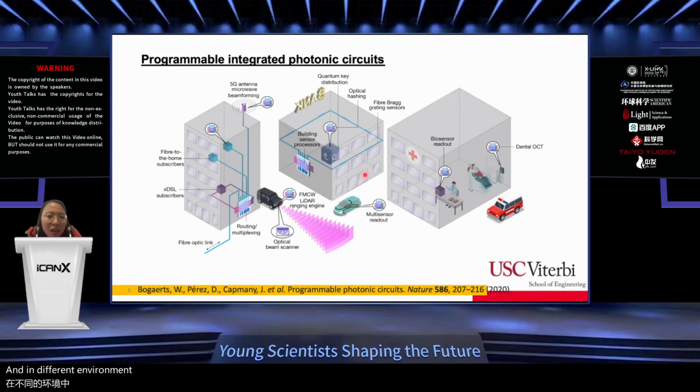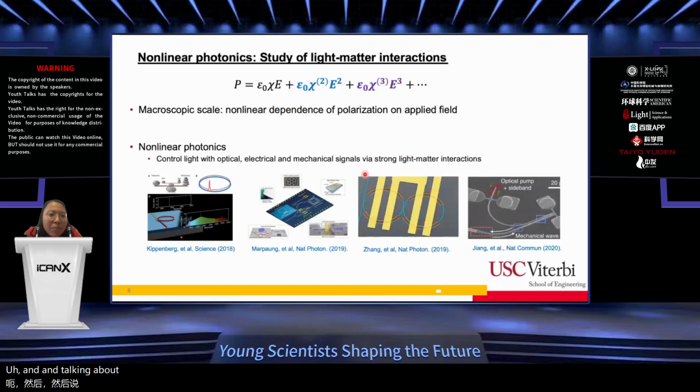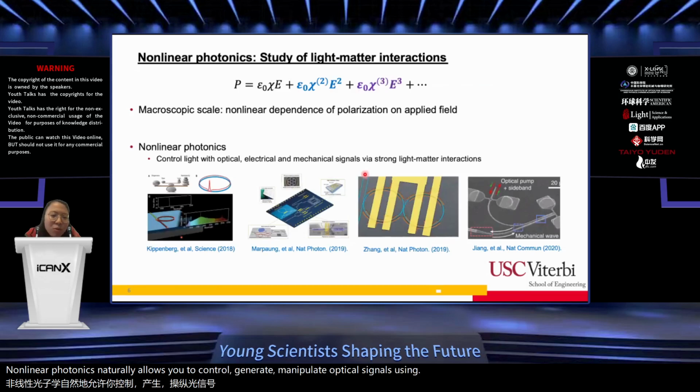environments. And talking about programmability, I do think the key technology in future integrated chips is nonlinear photonics, because nonlinear photonics naturally allows you to control, generate, and manipulate optical signals using external signals, because you are simply looking at those nonlinear interaction terms.